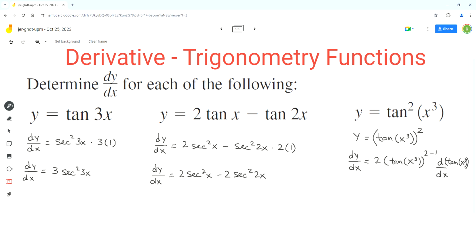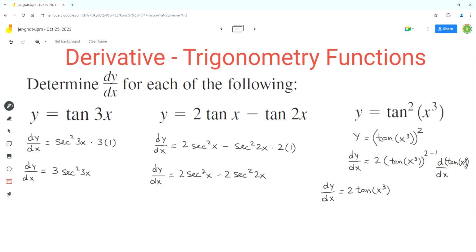Now in the next step, in the exponent, 2 minus 1 is 1, and we don't write 1 as an exponent. And now we can find the derivative of tan x cubed. So as I mentioned earlier, there is a composite function. So the outer function is the tan function. The inner function is x cubed, a polynomial function. So we'll have to use chain rule again.